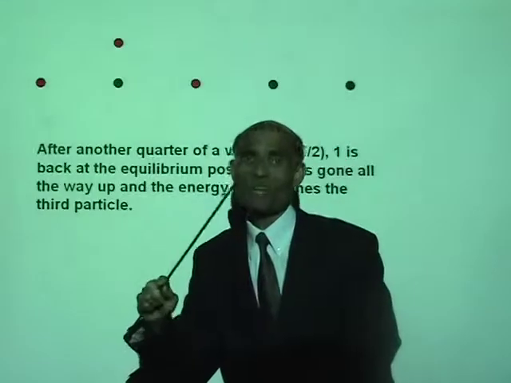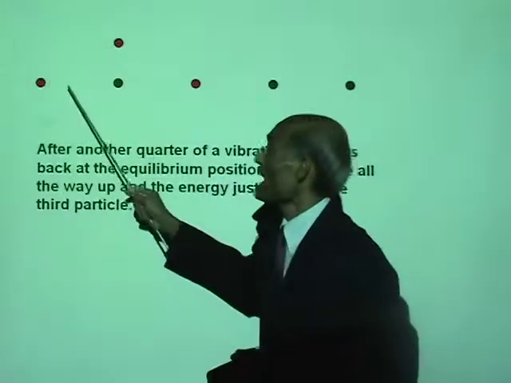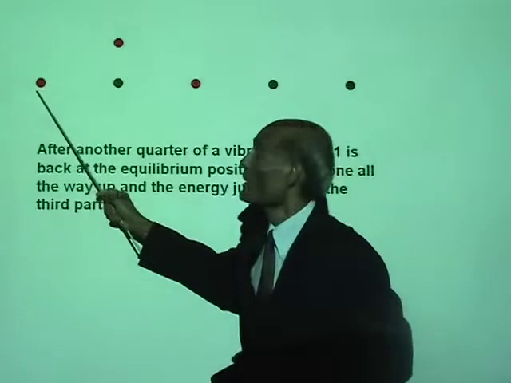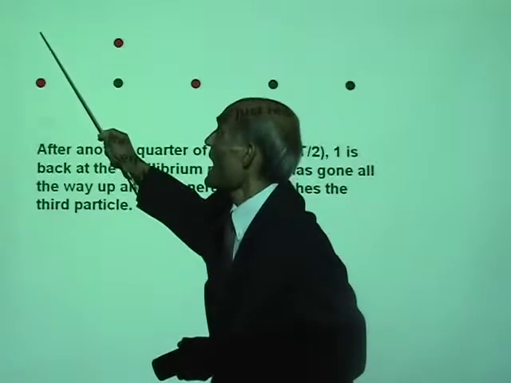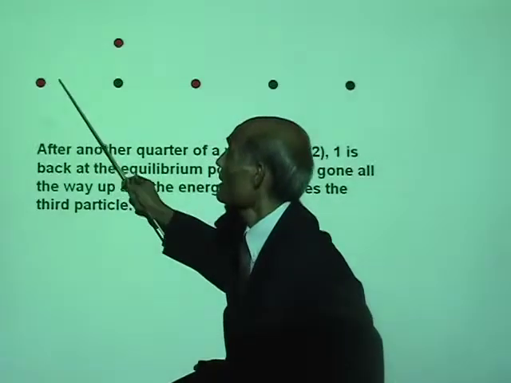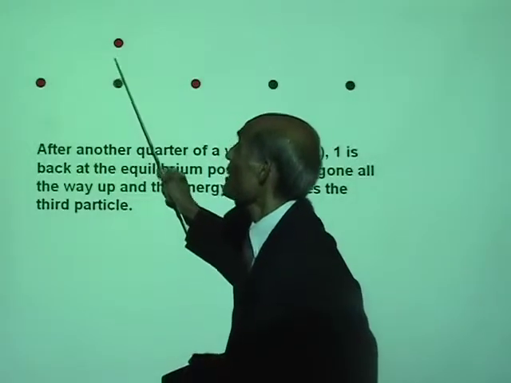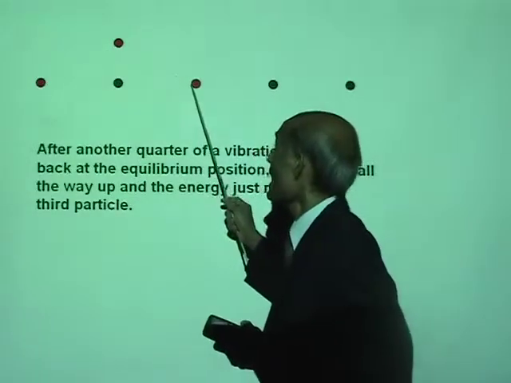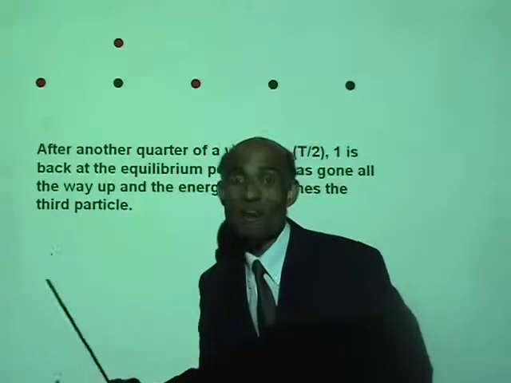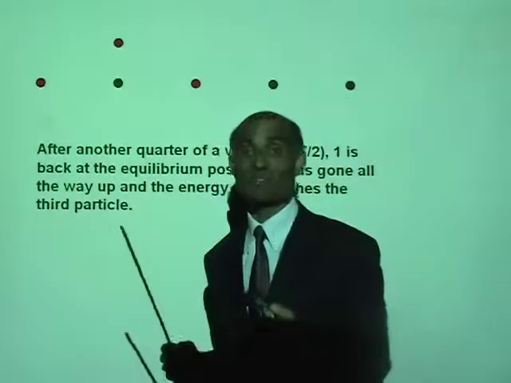When I color them red, that is their current positions. Particle 1 has now completed half of a vibration. Particle 2 has now completed a quarter of a vibration. And the energy has now reached the third particle.